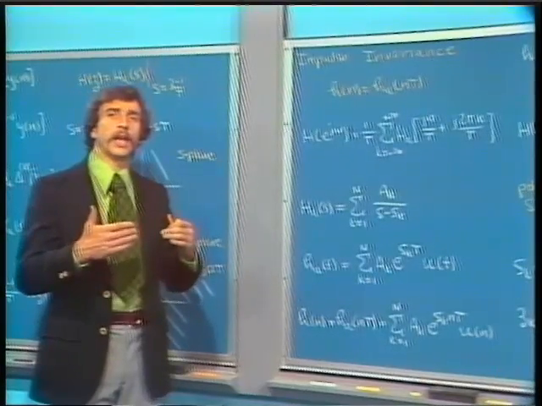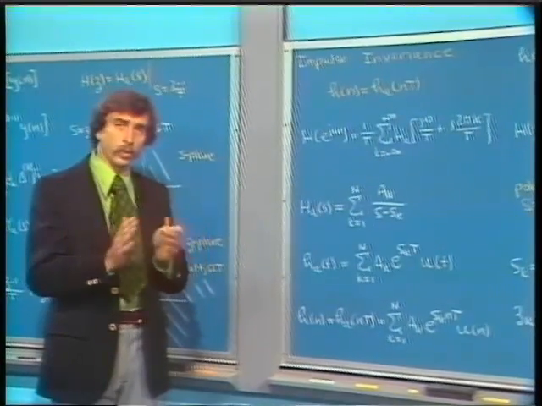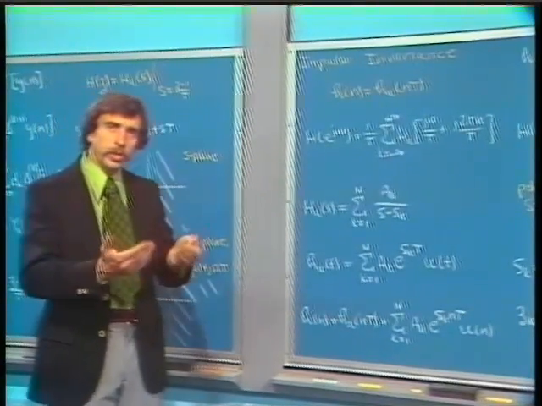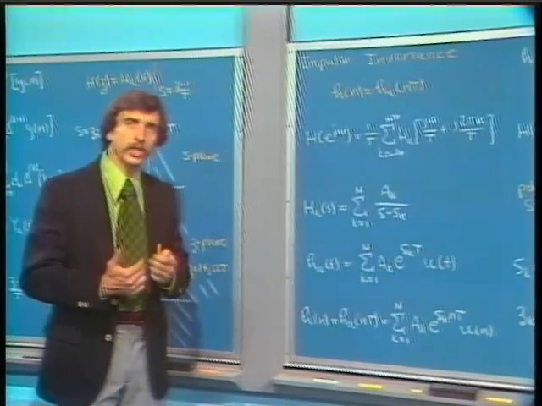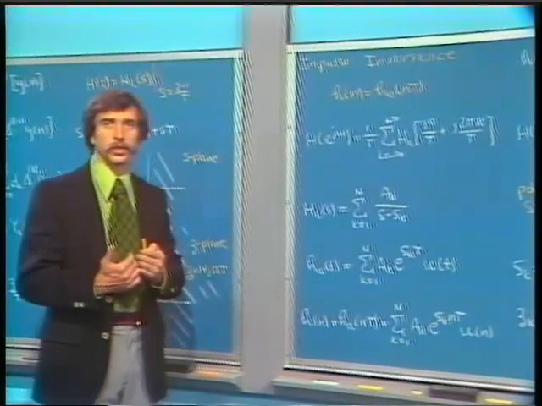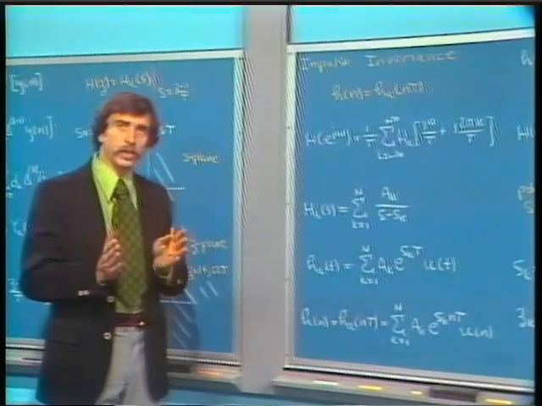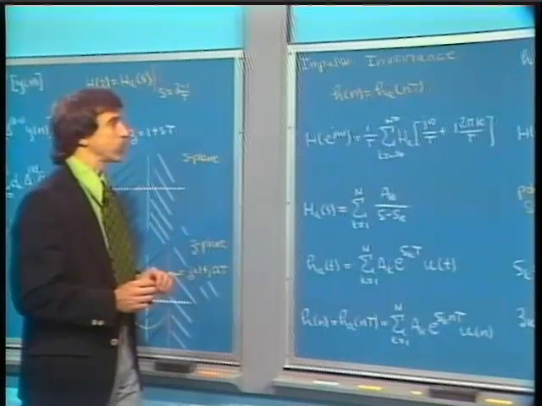So if we had an analog filter with a very complicated frequency response, then we could be assured that the corresponding digital filter, except for aliasing, would have that same shape, but only with a linear scaling of the frequency axis.